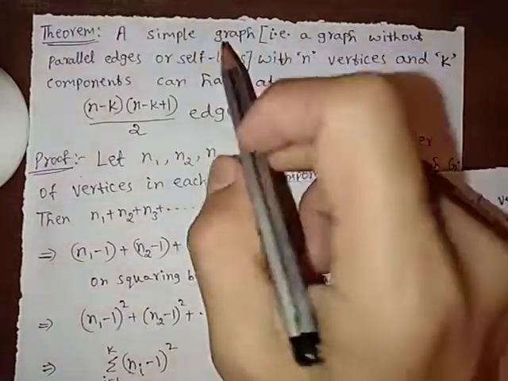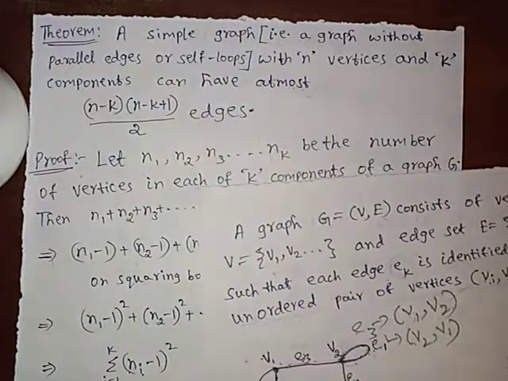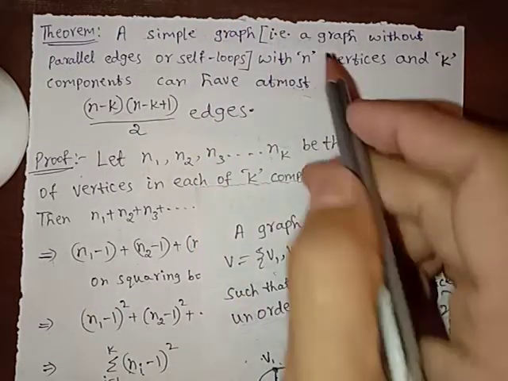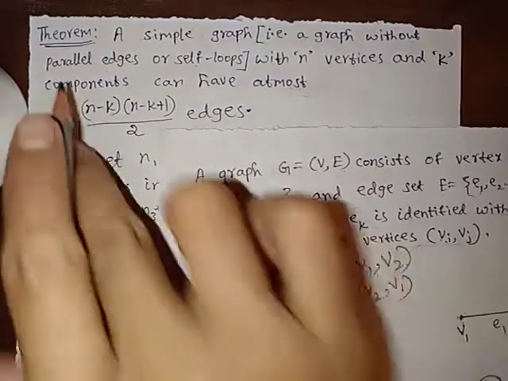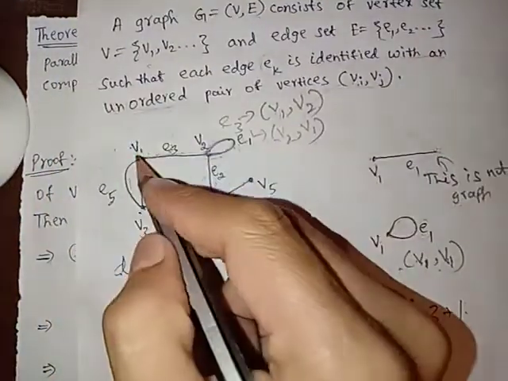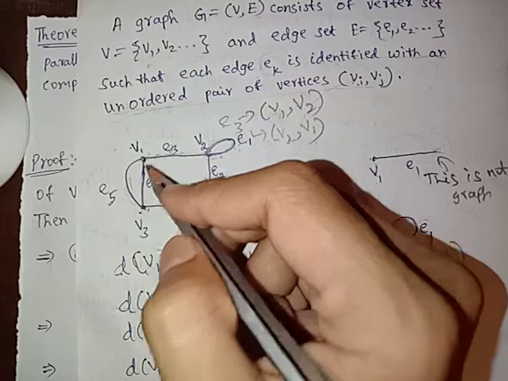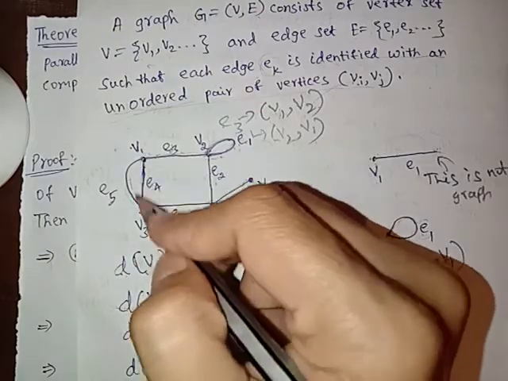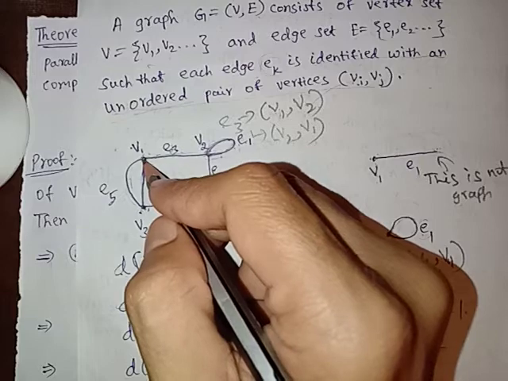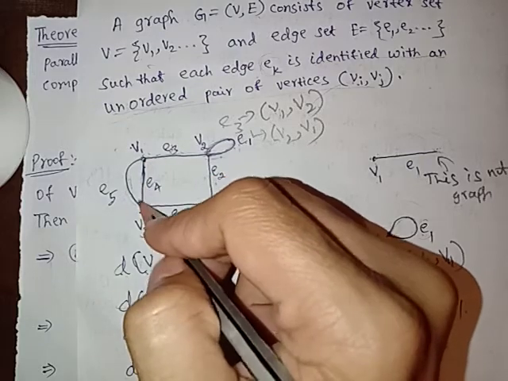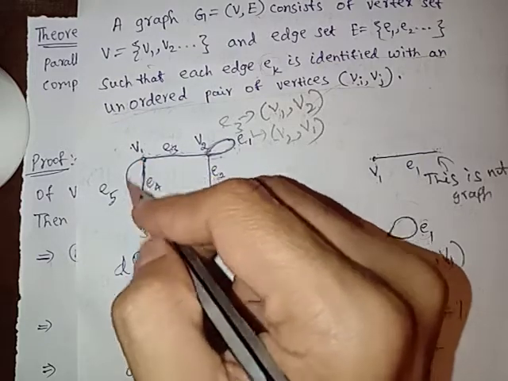Now what is a simple graph? A simple graph means a graph without parallel edges and self loops. What is a parallel edge and what is a self loop? This is called a parallel edge, because between any two vertices, if there exists more than one edge, we call them parallel edges.